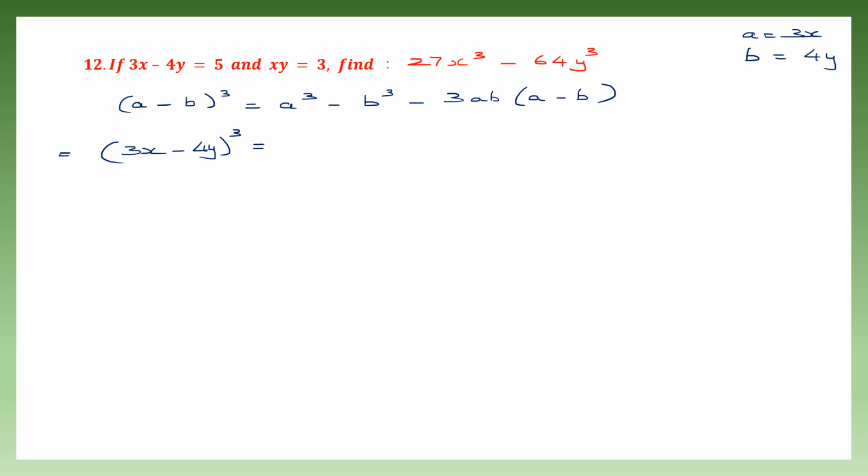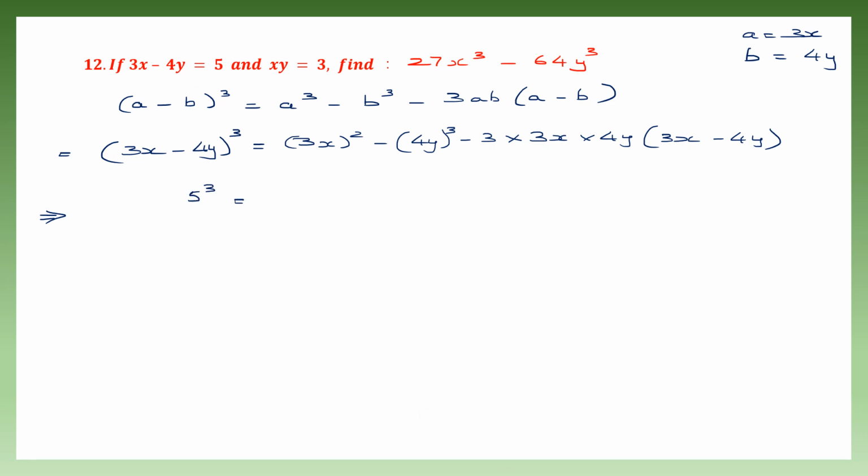So (3x) cube minus b cube, which is (4y) cube, minus 3 into a, which is 3x, into b, which is 4y, into (a minus b), that is 3x minus 4y. Now we're going to substitute wherever we can. So here we have (3x minus 4y) the whole cube. Now we already know 3x minus 4y is 5. So if we are going to cube this, this also should be cubed. So that means 5 cubed.